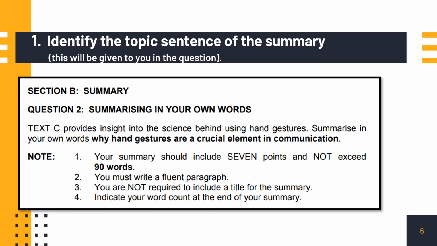Text C provides insight into the science behind using hand gestures. Summarize in your own words why hand gestures are a crucial element in communication. Here, the topic sentence is bolded and stands out. We can tell that the summary will be about hand gestures being a crucial element in communication.